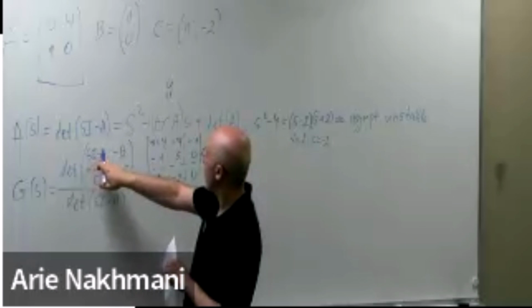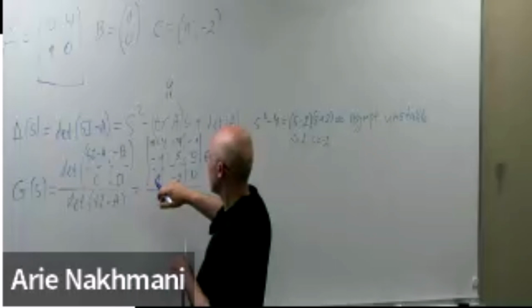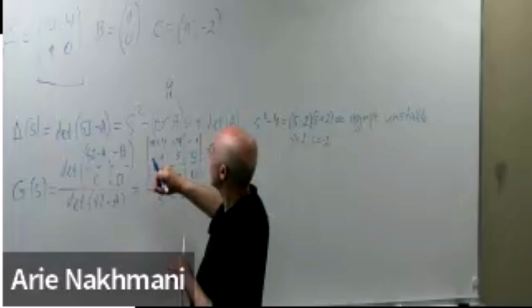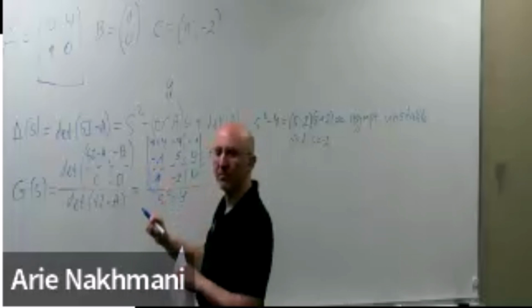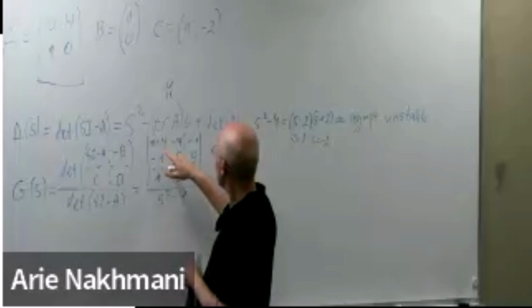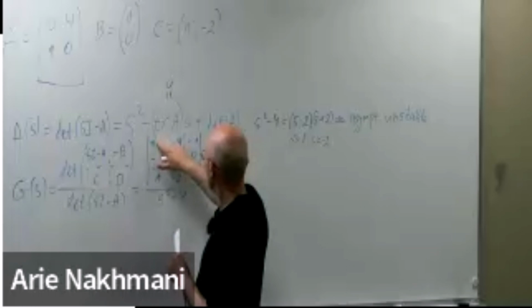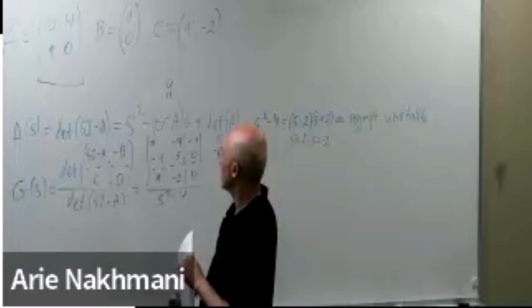So sI minus A is not supposed to be like that. The second element should be s.